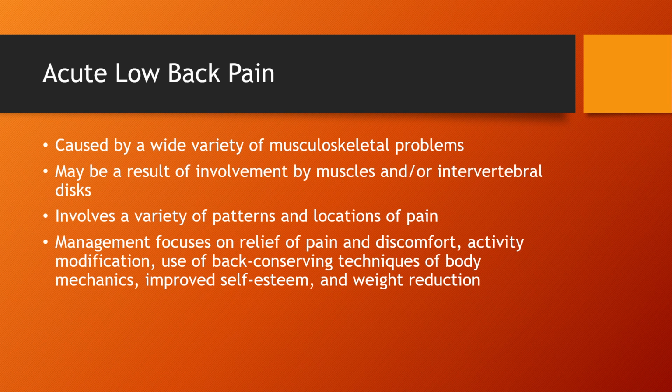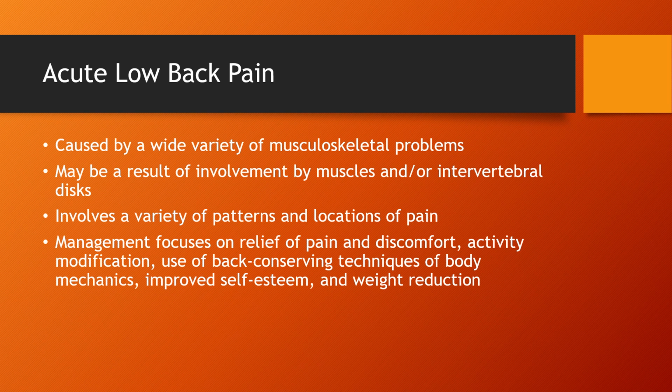So the first musculoskeletal disorder that we're going to talk about is acute low back pain. Low back pain is one of the most common reasons for a visit to a provider, and it's primarily caused by one of many musculoskeletal problems, including acute lumbosacral strain, unstable lumbosacral ligaments and weak muscles, osteoarthritis of the spine, spinal stenosis, intervertebral disc problems, and unequal leg length.